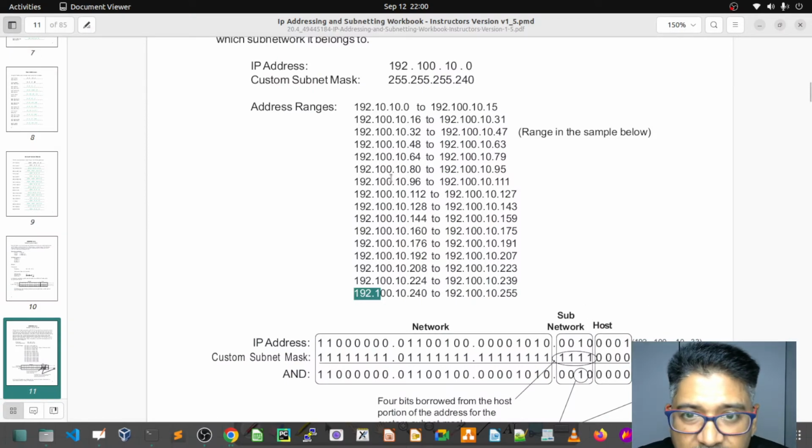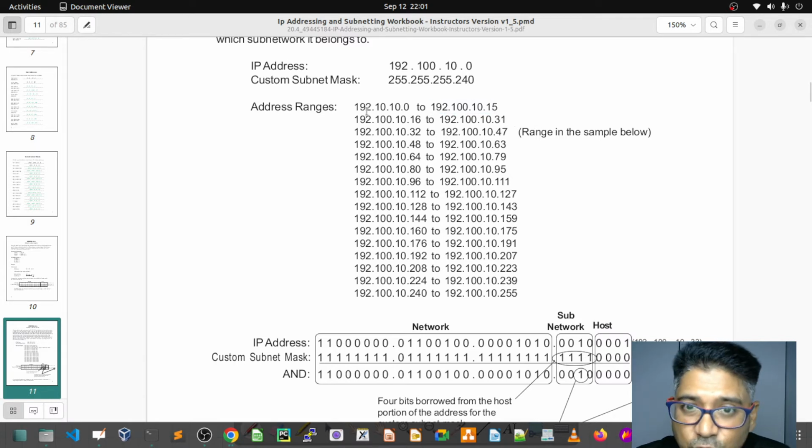So let's understand using this table. Can you see? 16 is another network, 32 is another network. If 16 is another network, what will be the last IP? 15. Are you able to see my screen?